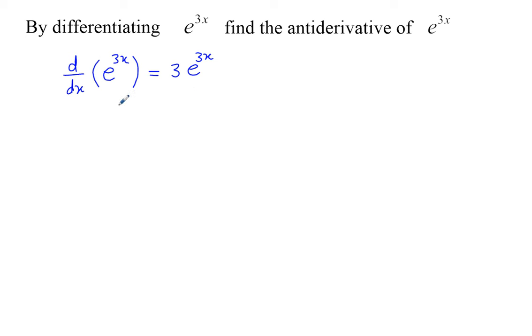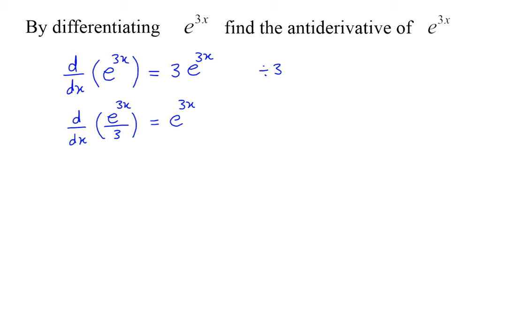So going backwards, I need to get rid of the 3 first. So I'm going to divide by 3 both sides. So here I get d by dx of e to the power of 3x over 3 equals e to the power of 3x. So if this is a function and this is its derivative, the antiderivative gets me back to this.